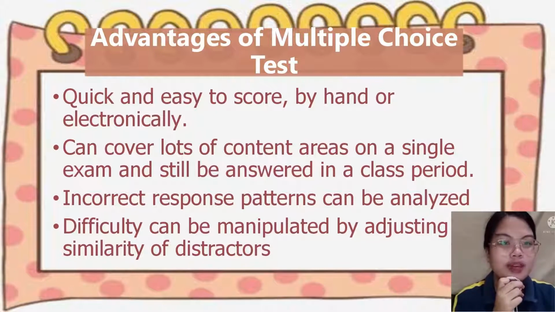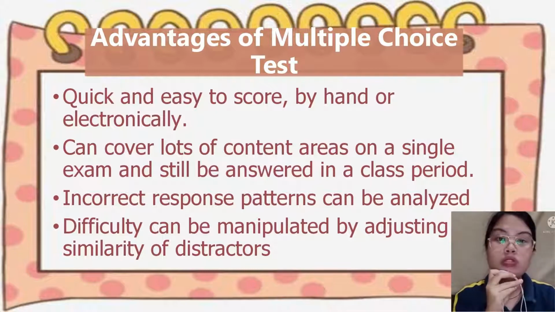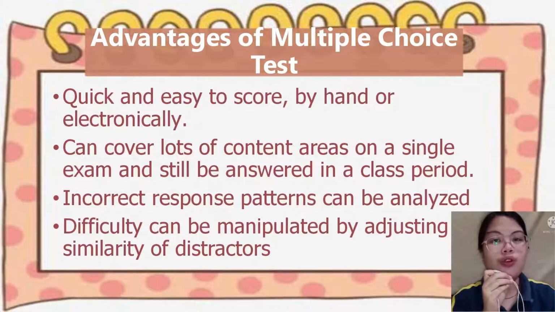Unlike other types of tests where the scope is very limited, such as the essay type of exam, incorrect response patterns can be analyzed. Meaning the teacher can easily locate which number got the most wrong answers.